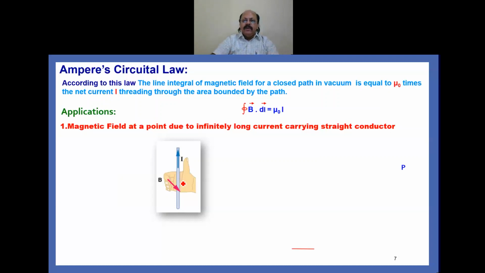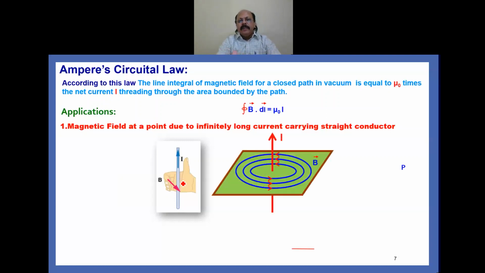So here the magnetic field lines are in anti-clockwise direction because the current is upward. These magnetic field lines we consider as a closed loop, and the current I is threading this closed loop. We take one closed loop.